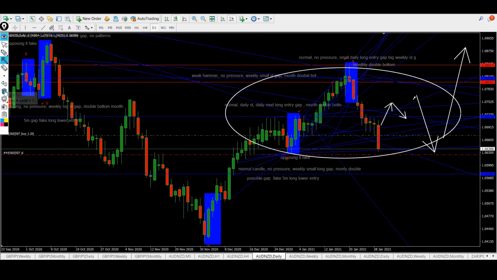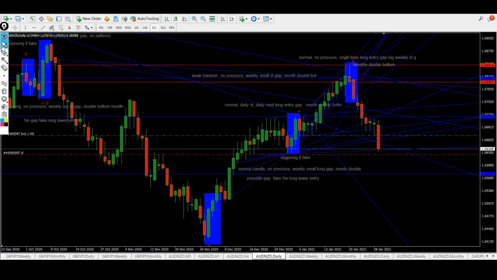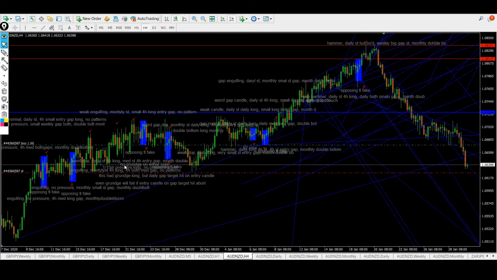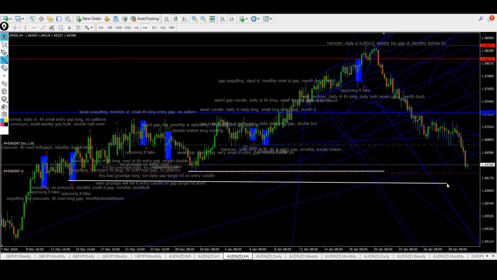But for this to hold, let's go down to the 4-hour chart. Price is going to have to respect this pivot, and more importantly, this pivot. If price even touches this bottom pivot, this level will not hold.